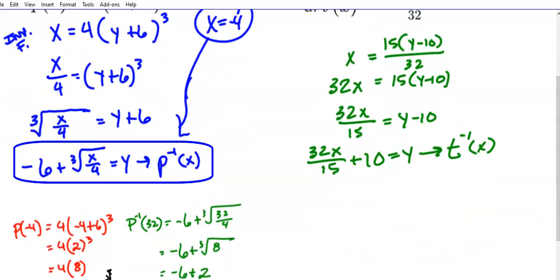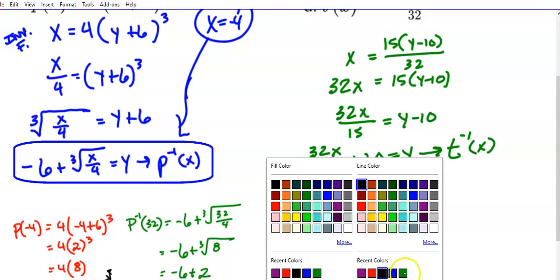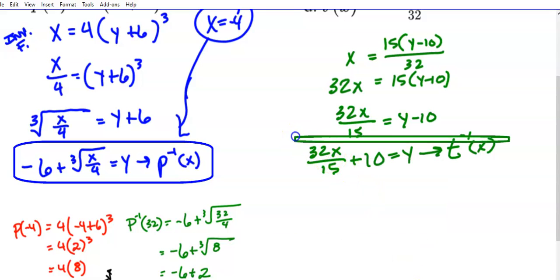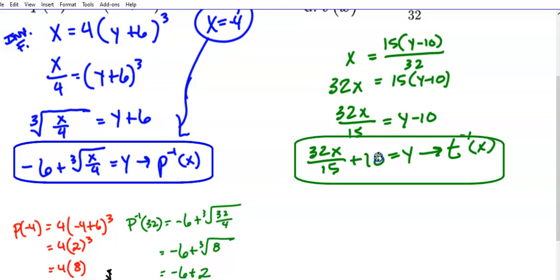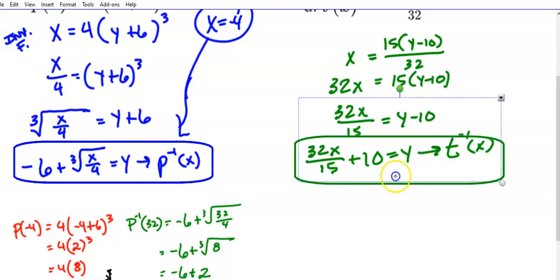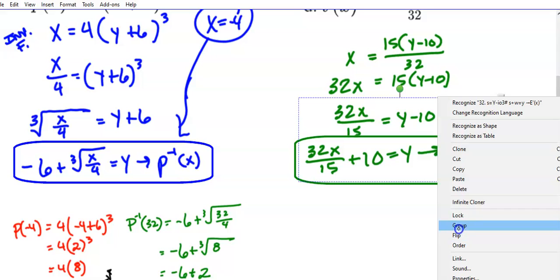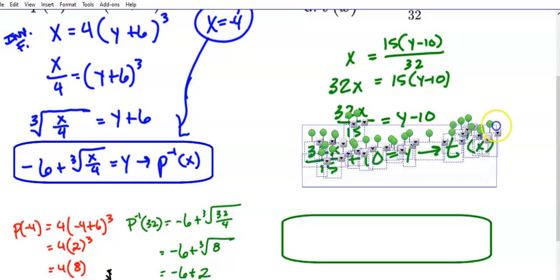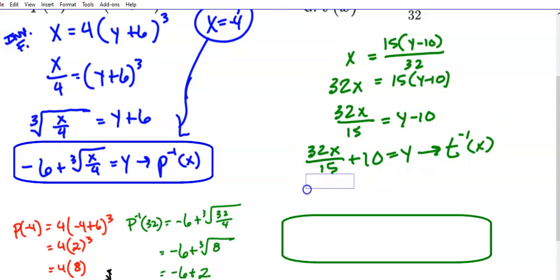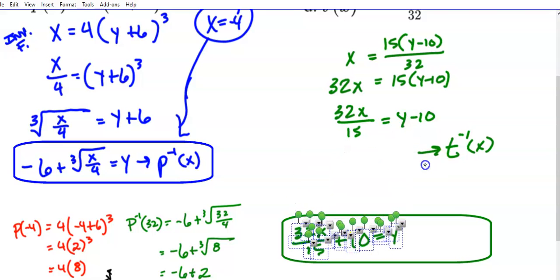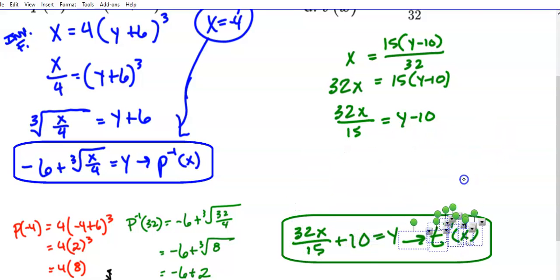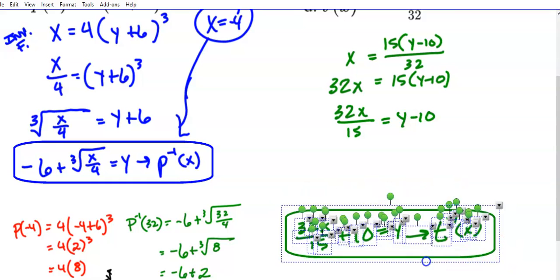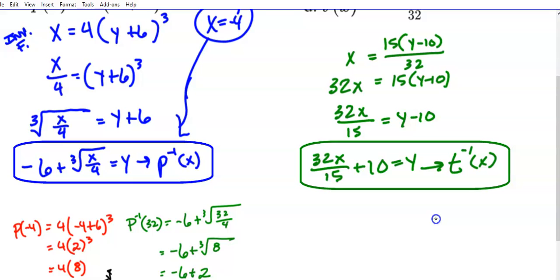We're doing it backwards. Here we go. So that's our inverse function for t.